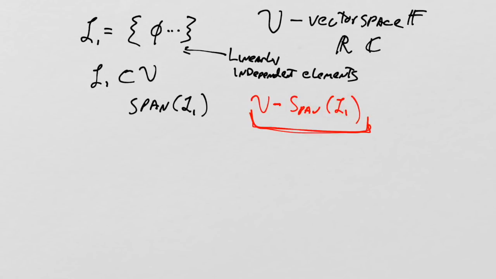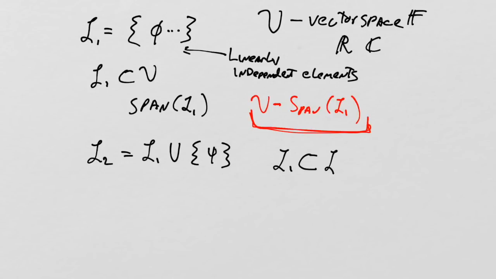So I take one of those vectors and I create L2, where L2 equals L1 union this new vector, which I'll call, say, psi. And now I have the relationship that L1 is a subset of L2. And then I repeat the process and I create an L3 in exactly the same way.